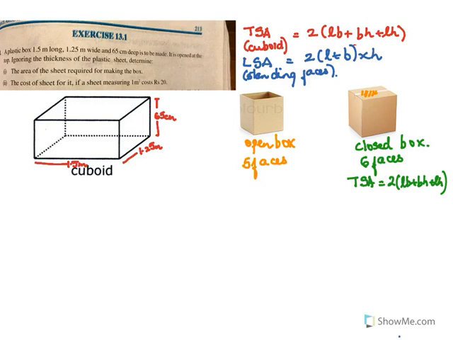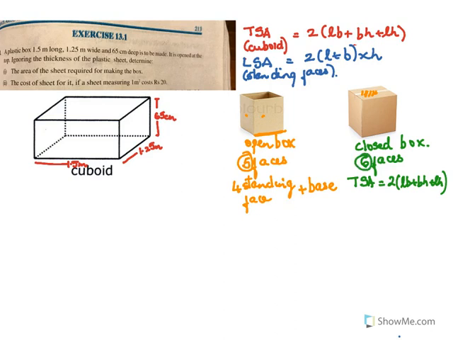The 4 standing faces, 1, 2 and 2 behind, and 1 at the bottom, plus the base or the bottom of the box. So it will have 5 faces, but the closed box will have 6 faces.